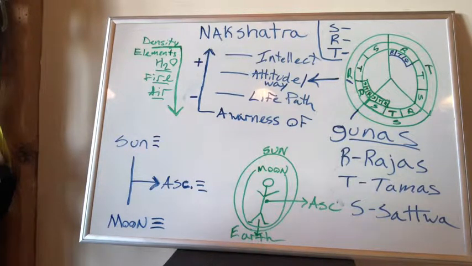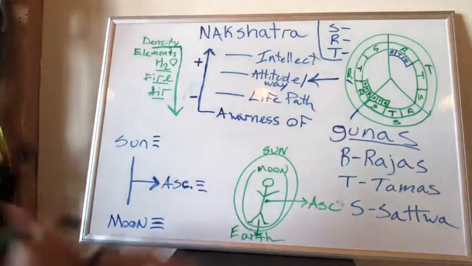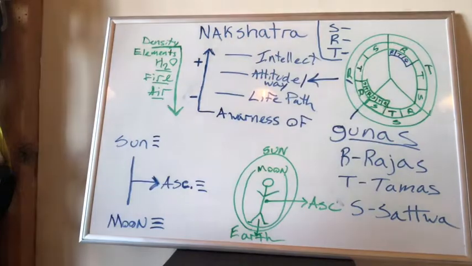But basically, what this is describing is a person, we'll say it's the moon. We'll say this is this person's moon sign. So tamasic at their base means that overall their life path is very interested in material things, in density.